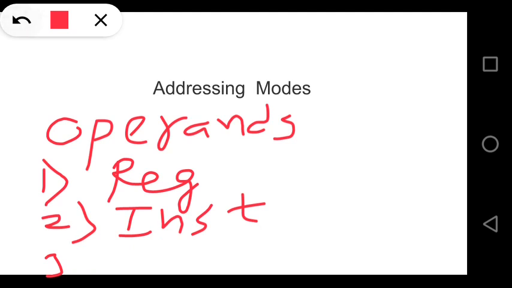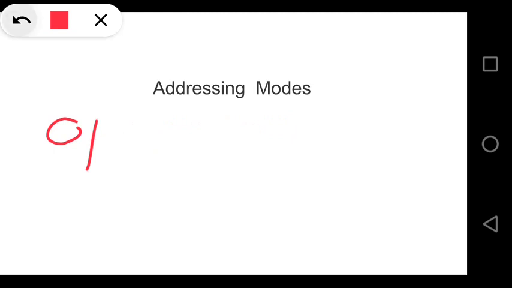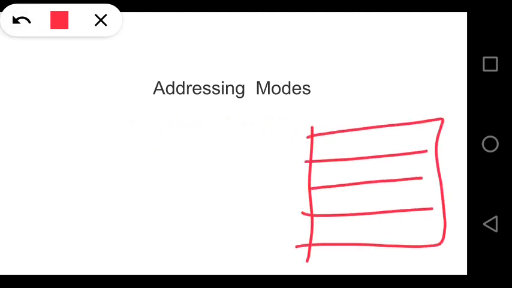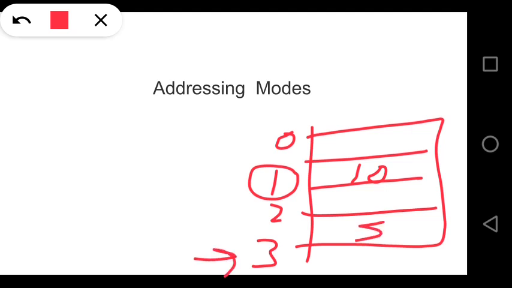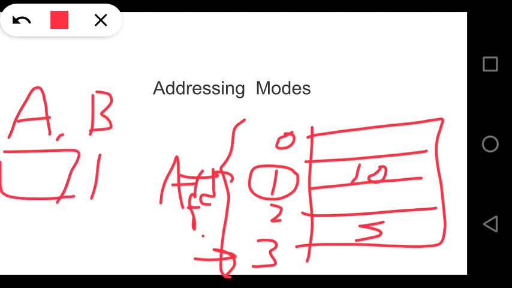Let's assume our memory is divided, for a simple case, into 4 memory locations: 0, 1, 2, 3. At memory location 1, the value 10 is stored. At memory location 3, 5 is stored. So these are the addresses of these memory locations. Let's assume A and B are two registers.